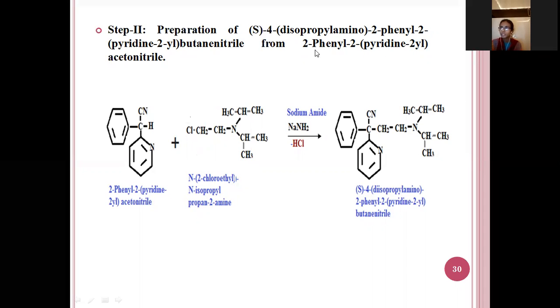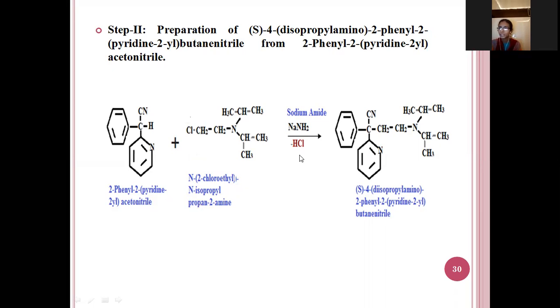So this 2-phenyl-2-pyridin-2-yl acetonitrile is the end product of the first step, so it became the starting material in the second step, when it is reacted with 2-chloroethyl and isopropyl propan-2-amine. See here, in the second position chlorine is there. So 2-chloroethyl and isopropyl, and propan-2-amine.